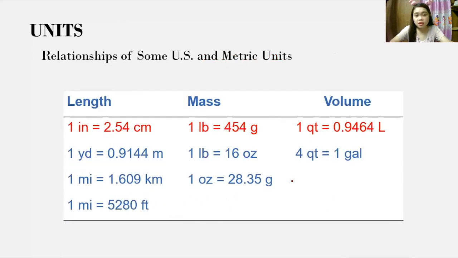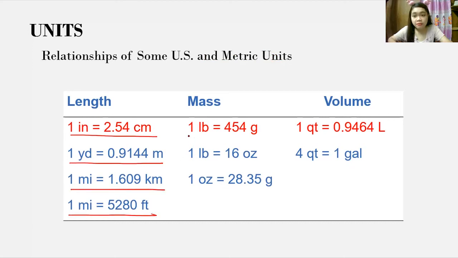So these are the most common conversions, very simple conversions between length, mass, and volume in US and metric units. For length, if you want to convert something in inches to cm, you use this conversion; for yards and meters, miles to kilometers, and then miles to feet. For mass, we have pounds: 1 pound, if you want to convert it into grams, you just multiply it by 454.